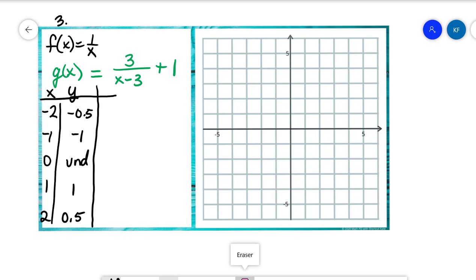Now I'm reminding you how this works. I'm reminding you that you have a 3 on top right here. So this is going to be your stretch. And what that tells us to do is take all the y values and multiply them by 3. So that's exactly what I'm going to do. And we've done this before in this same exact video.